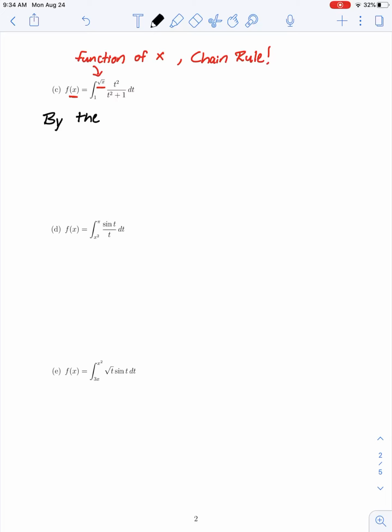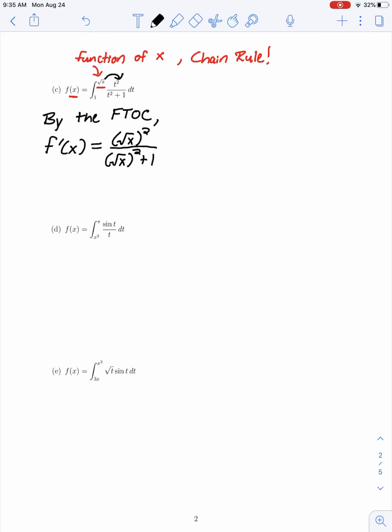So let's say by the fundamental theorem of calculus, the derivative of our function f of x, which we call f prime of x, is the derivative of our outer function, which we get by taking our upper limit for integration and substituting it directly into our integrand. So here we're going to have the square root of x squared divided by the square root of x squared plus 1.